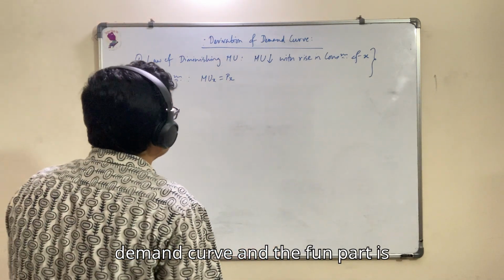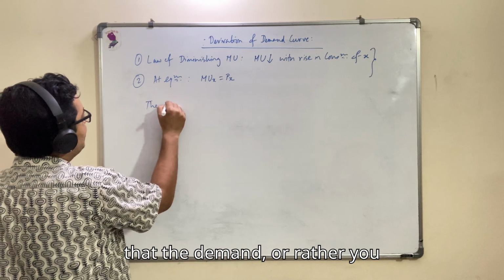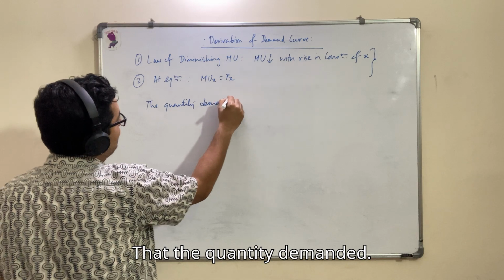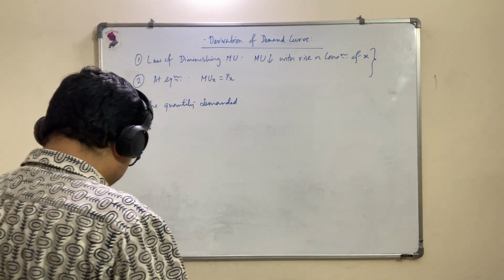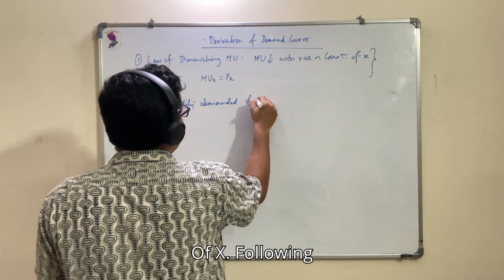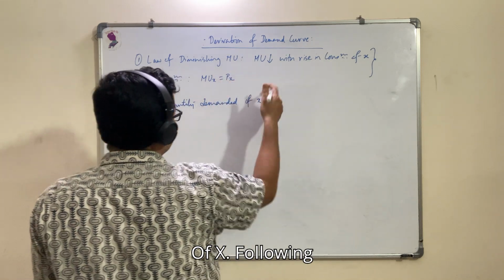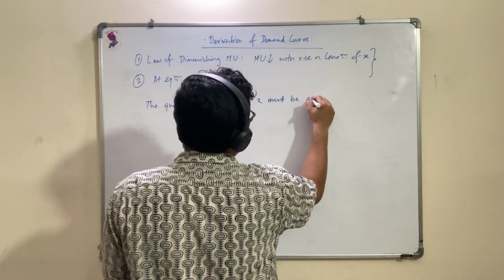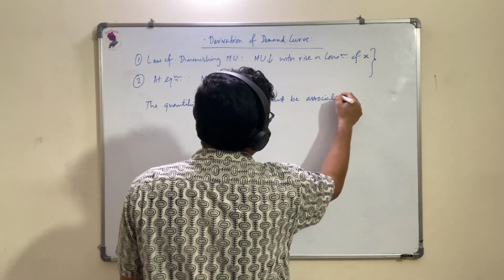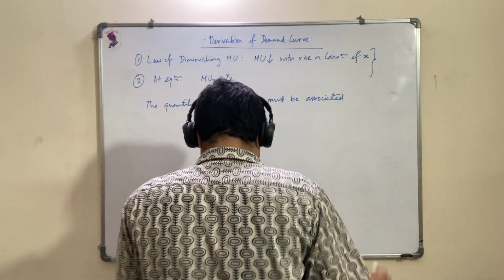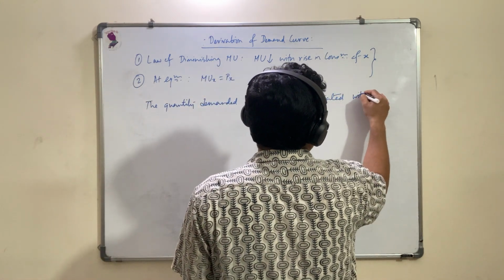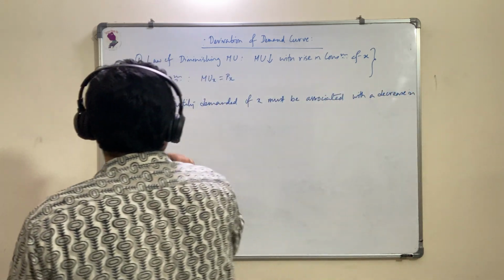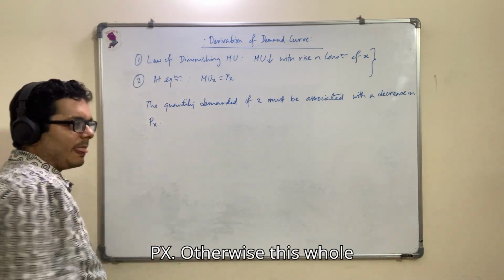And the fun part is that the quantity demanded of X following this must be associated with a decrease in Px.